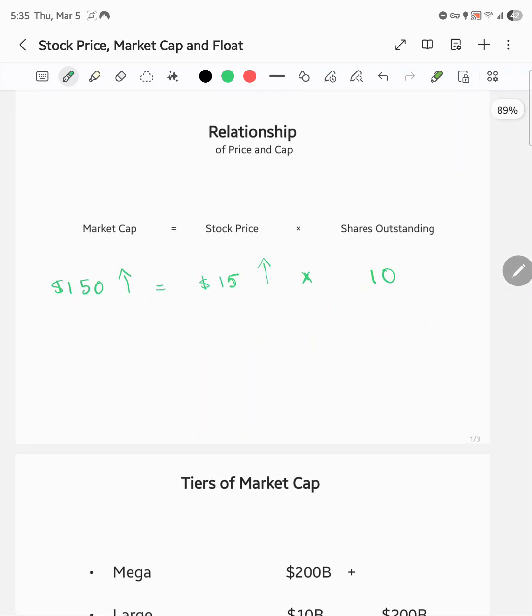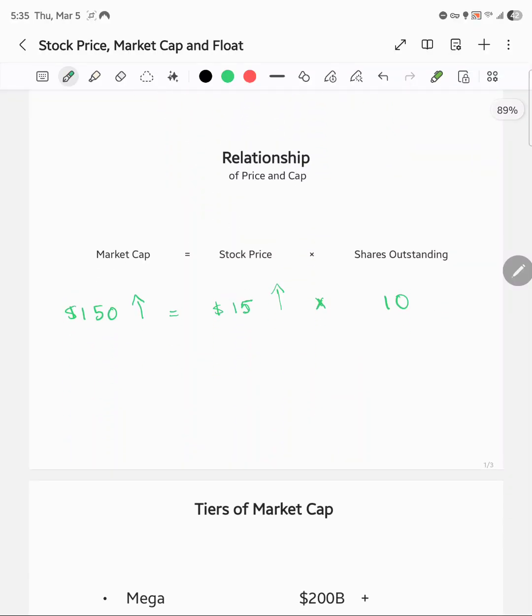Okay? Now on the other hand, let's say a government or a huge institution says, hey, you know what, we decide to buy $50 worth of this company, and they inject $50 more into this.